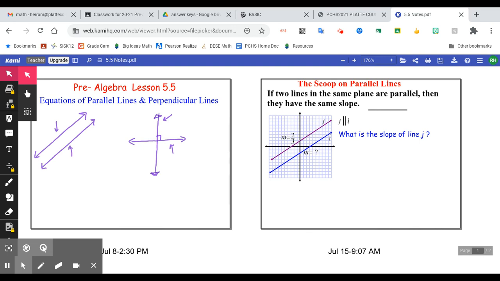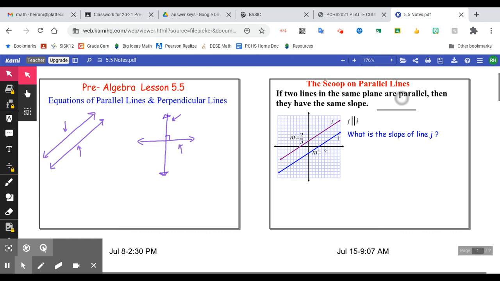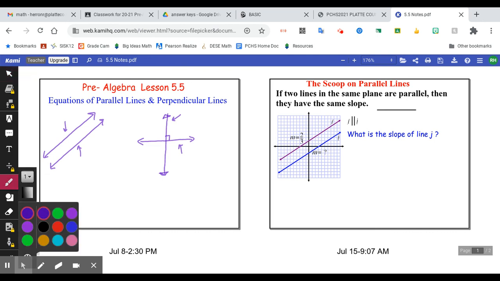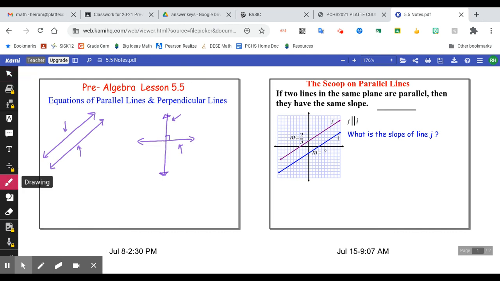If two lines in the same plane are parallel, then they have the same slope, okay? Because if you think about it, if they never ever cross, they're going to have to keep going up at the same rate.